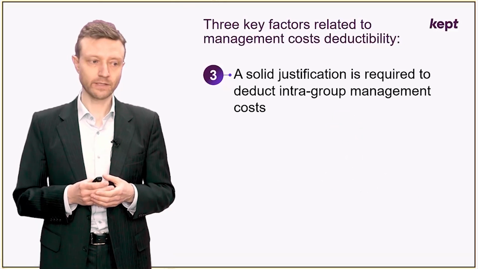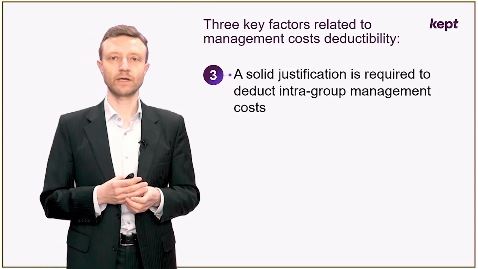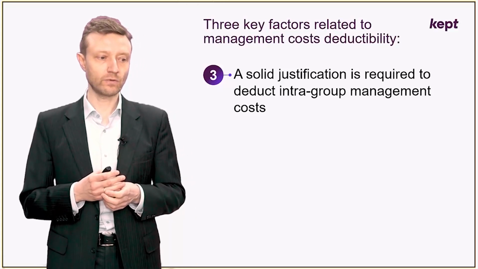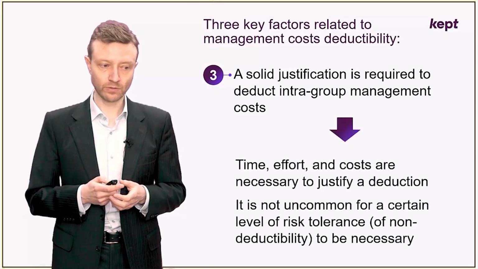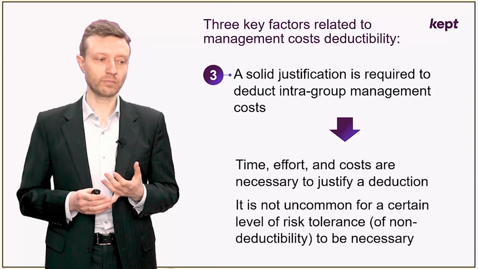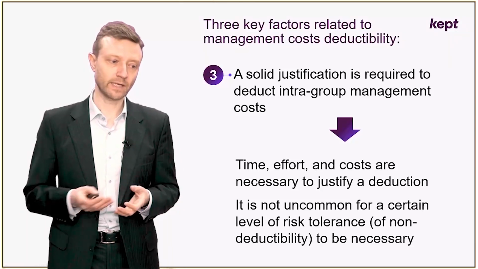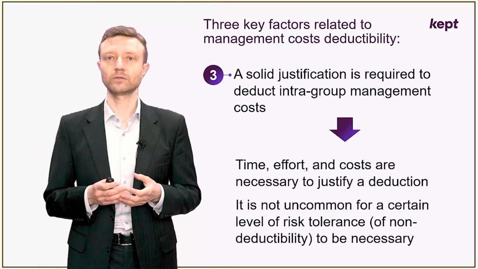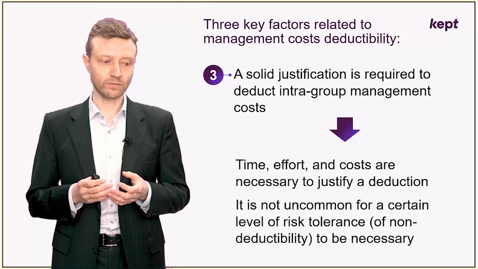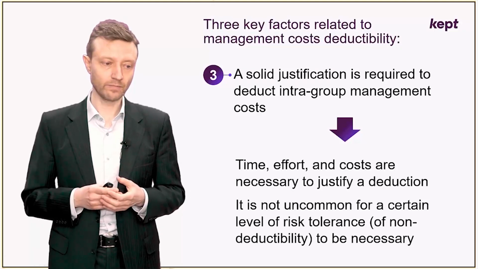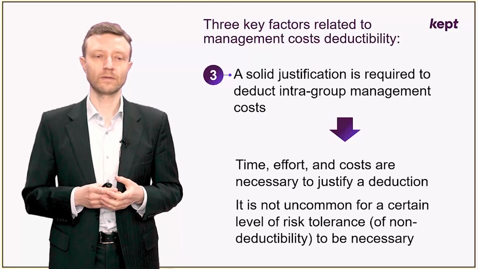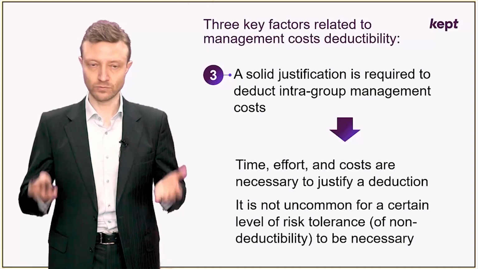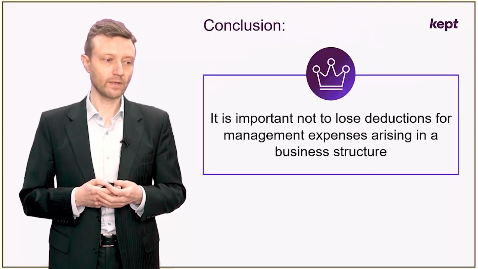And the third factor is that it is necessary to provide grounds and justification for deductibility of intra-group management costs. So it is necessary to employ efforts and to spend time to justify the deduction. And it's still not uncommon to have certain risks even after all requirements are met to justify the deduction.